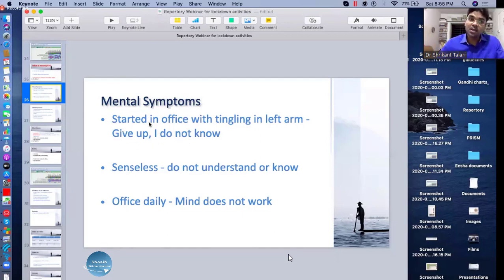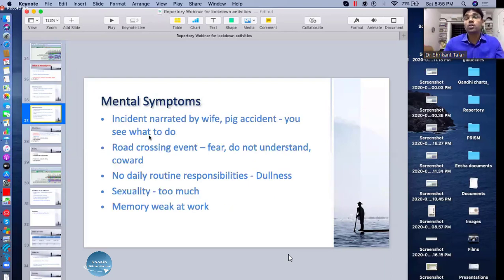So firstly, in the office, when it started, his response is, give up. I don't know. I am not understanding. I am senseless. In office, anybody asks him any difficulty, I am not understanding. I don't know what to do. I meet an accident, I don't know what to do. I don't know how to react. I am not even able to pay a bill.